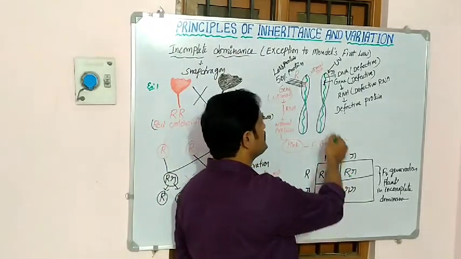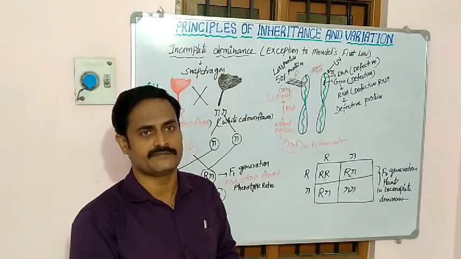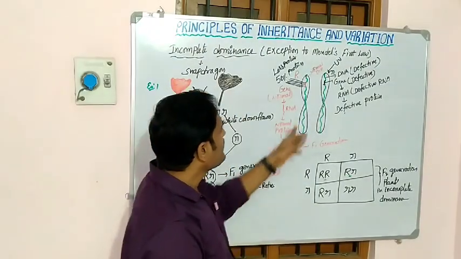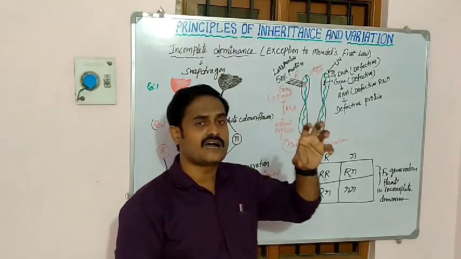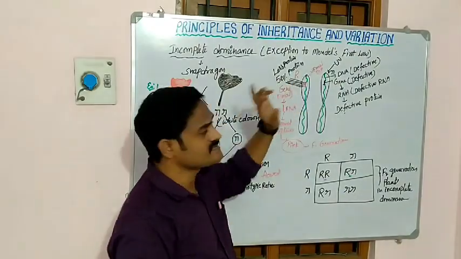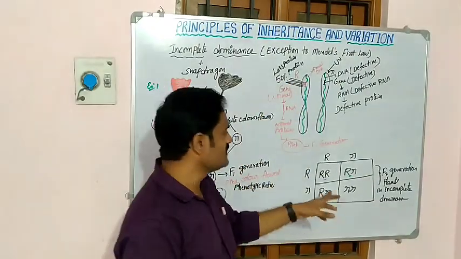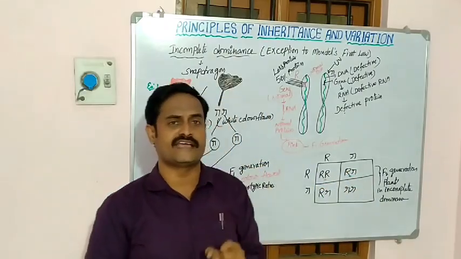Incomplete dominance: this gene produces only 50% of the protein. When it forms the red color, it needs 100 grams of the protein. But here there is no 100% of protein. For that reason, with 50% it forms the intermediate character.